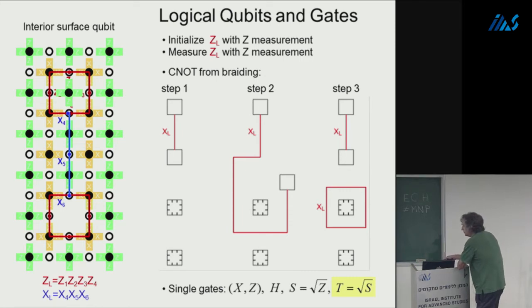You can also do single qubit gates, like X and Z, Hadamards, 90-degree rotations. These are Clifford gates, and they are pretty straightforward, not as easy as this, but not hard to do. And then, of course, to do the T gate, which is a 45-degree rotation, you need to create that special magic state and distill it in the normal way.